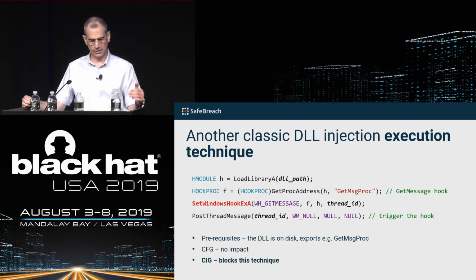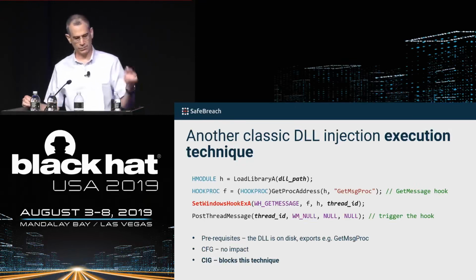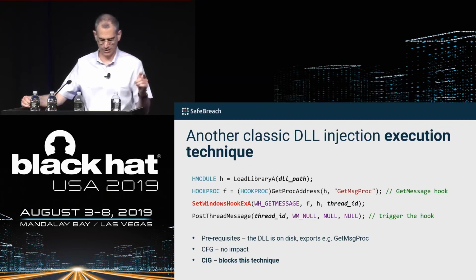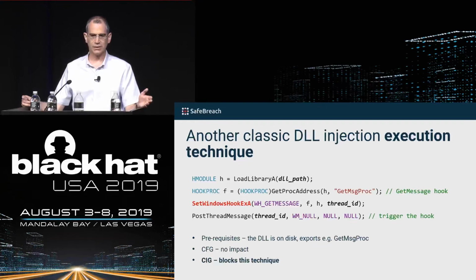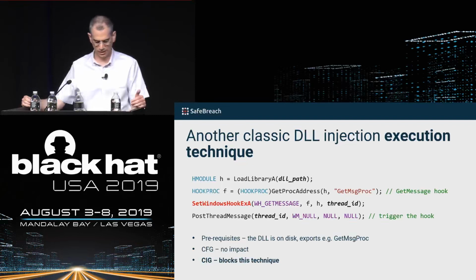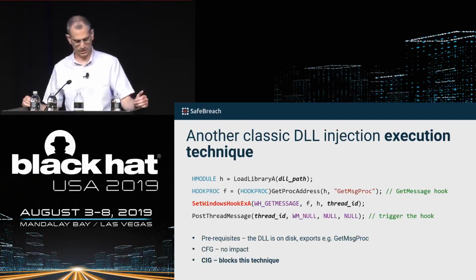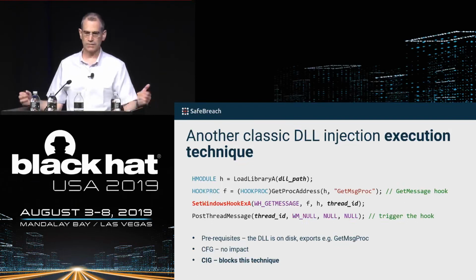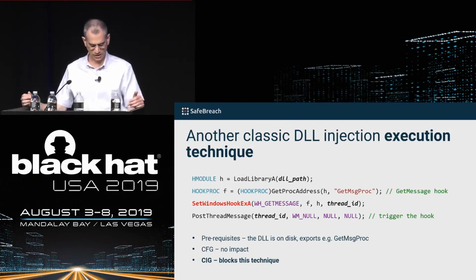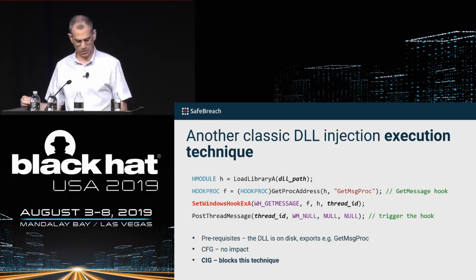And following this SetWindowsHookEx, we artificially trigger this event in the target thread, so that it forces loading our DLL and executing the event handler function in this DLL. Of course, the prerequisite is that there's a DLL on disk and it exports the required function, which is obviously under the attacker's control, no problems there. And again, CIG will block this technique.